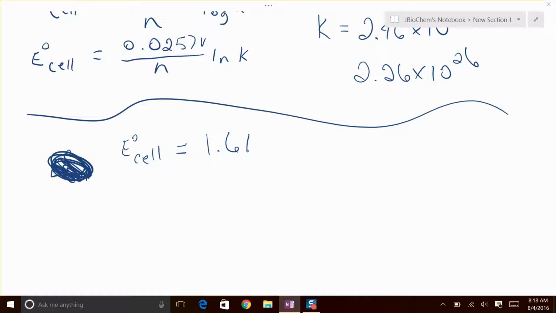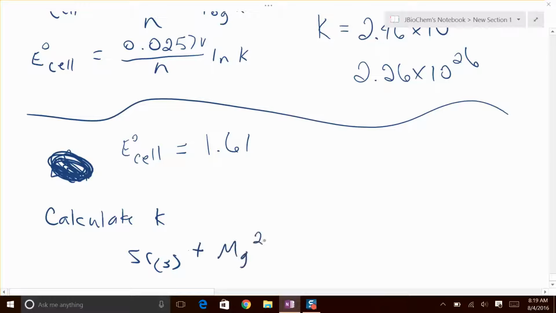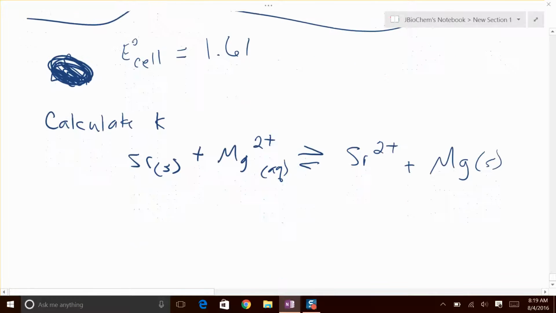Okay, so let's try it again. Calculate K for this. Our solid plus... I'd be erasing, but my eraser's not working.